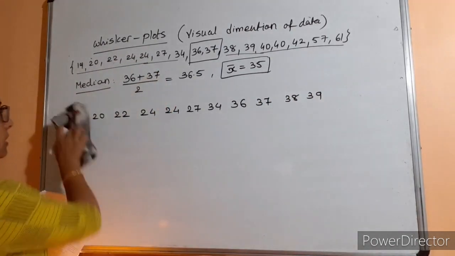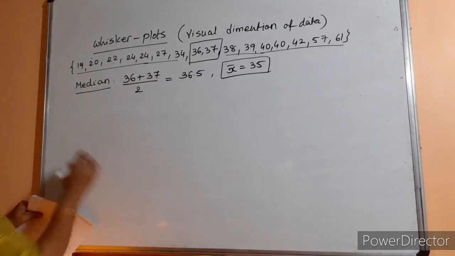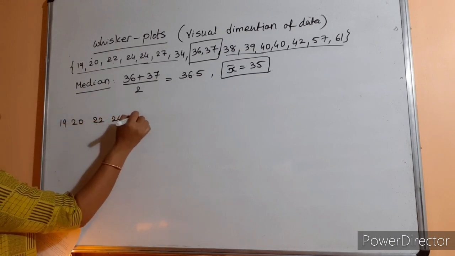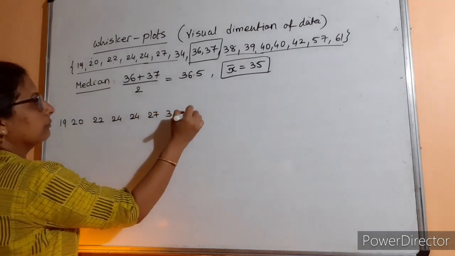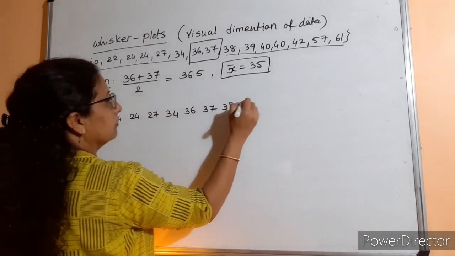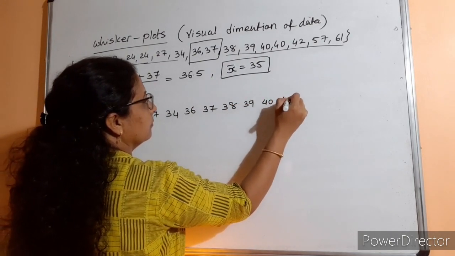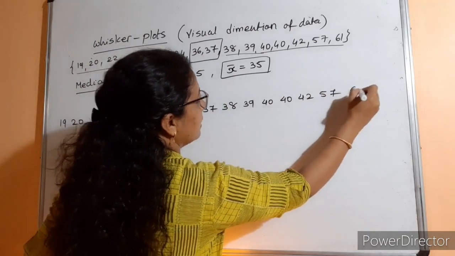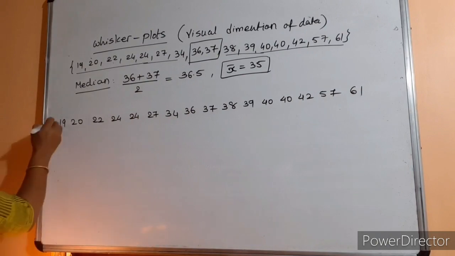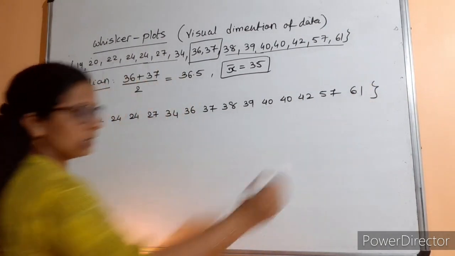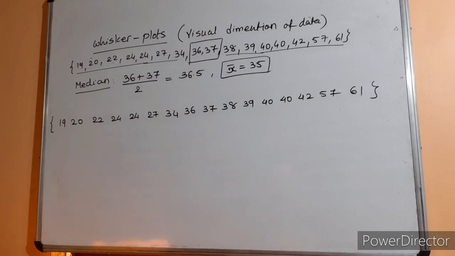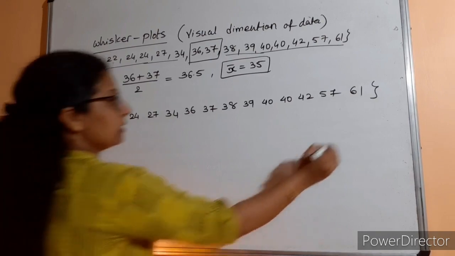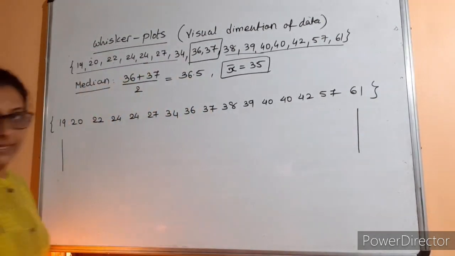I have to write in a proper way to plot the graph. 40, 42, 57 and 61. This is the data set in increasing order, right? Yes. Now this is minimum value and here 61 is maximum value.